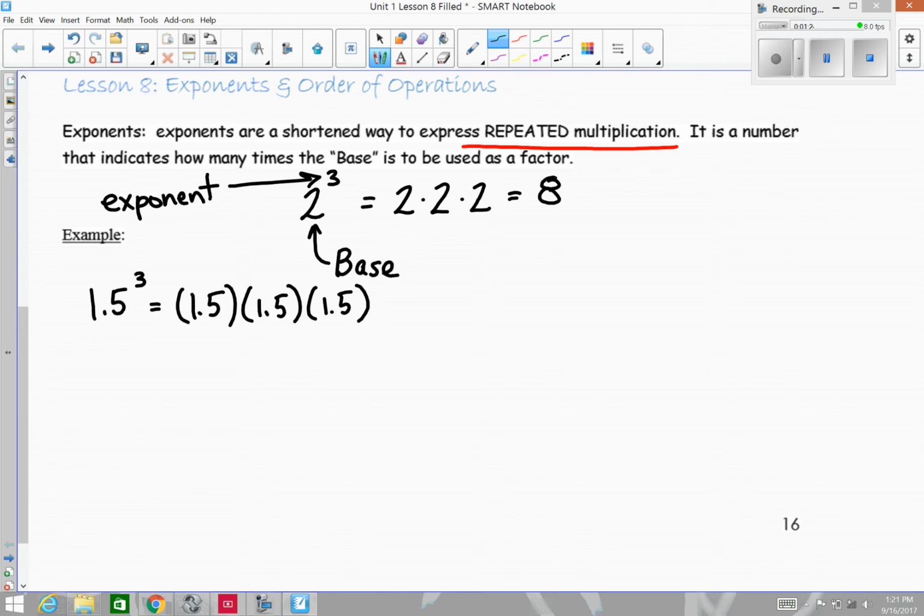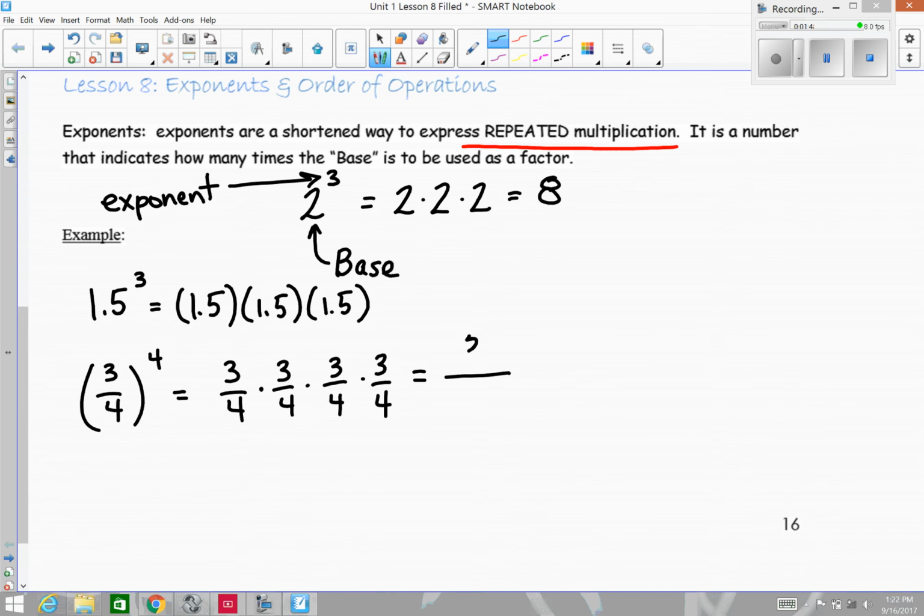If I have something like 3/4 to the fourth power, that would be equivalent to 3/4 multiplied by itself a total of 4 times. And since we know when we are multiplying fractions, we multiply our numerators and we multiply our denominators, this could also be written as 3 to the fourth power over 4 to the fourth power.